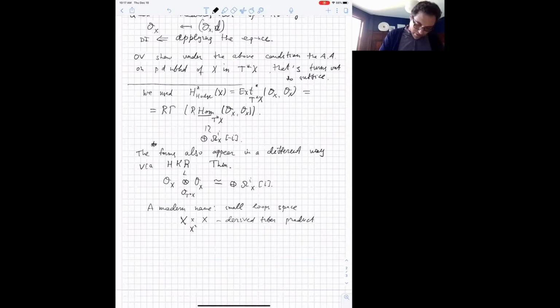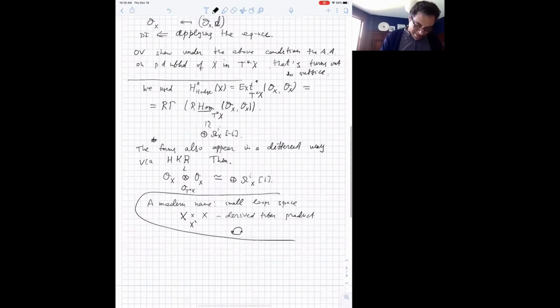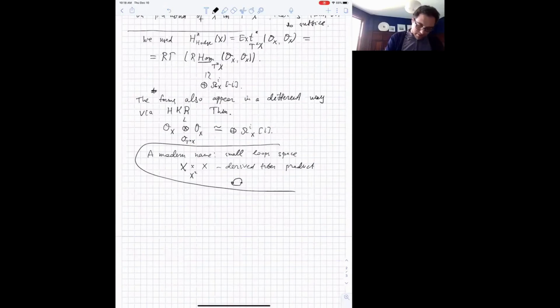The intuition is that the name loop comes from the fact that you can glue S1 from two segments identified at two points, and that corresponds to considering two factors and multiplying them over X squared. Whether or not you like the name, there is this way the forms appear.